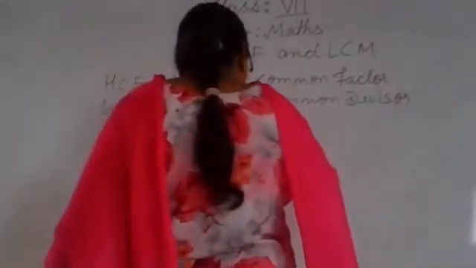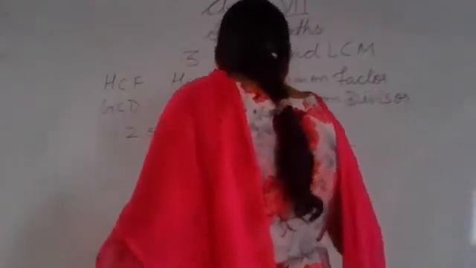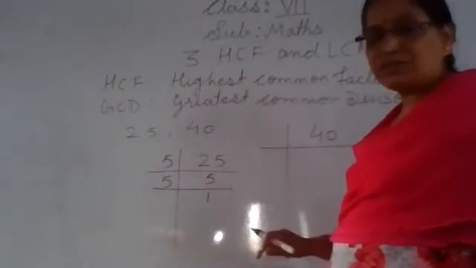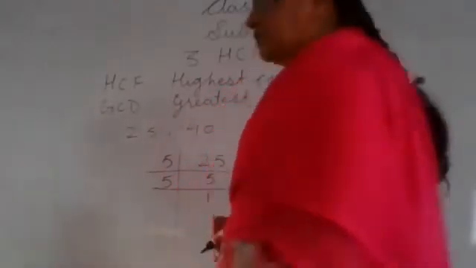Now see, we will factorize 40. It is an even number. So we will take the first prime, that is 2. 2 20s are 40. Again it is an even number.